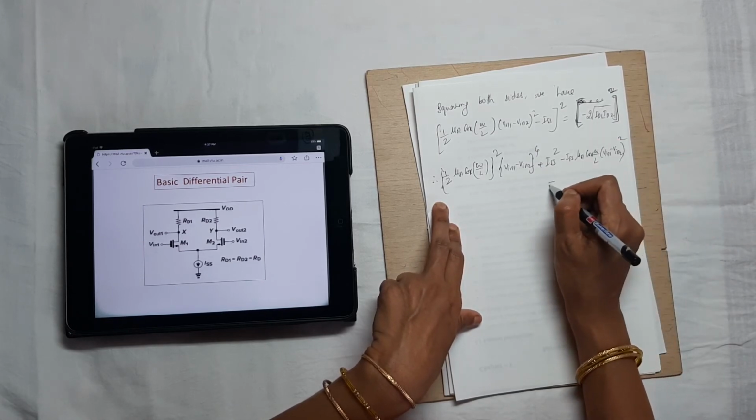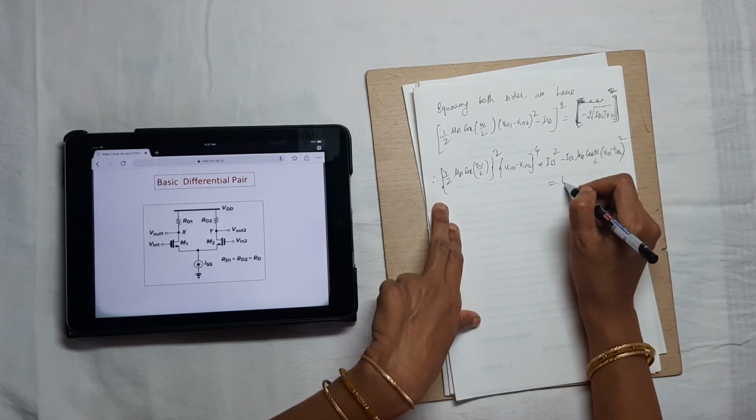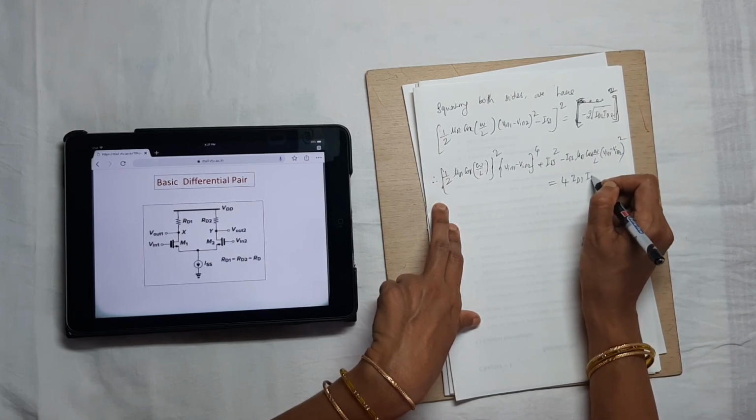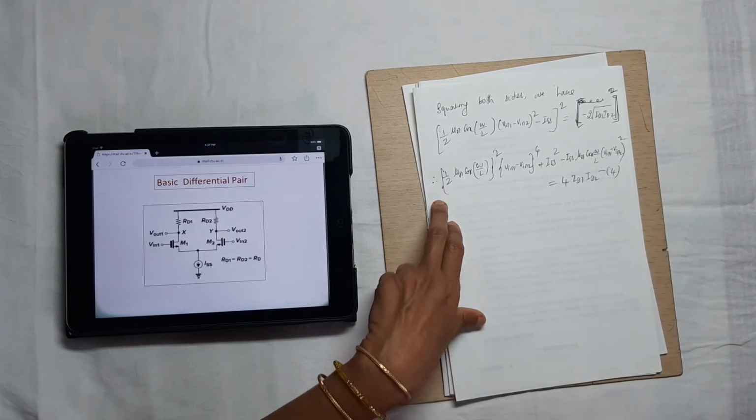This is equal to, it is a continuation, right hand side will be 4 times id1 id2. Let us call this as equation number 4.